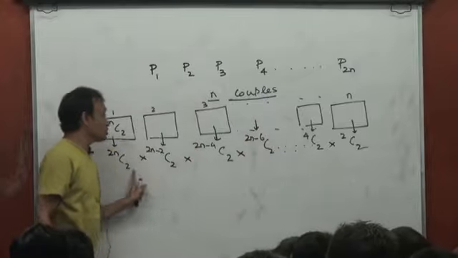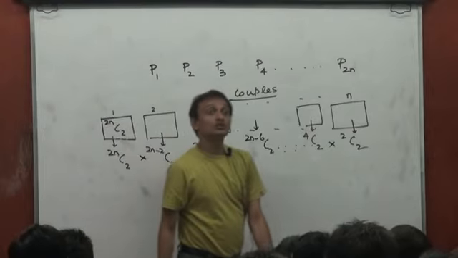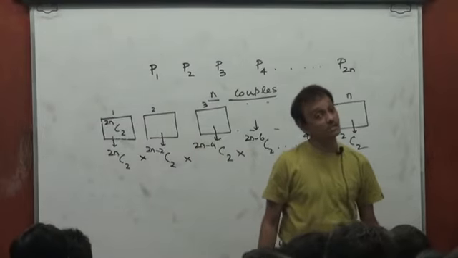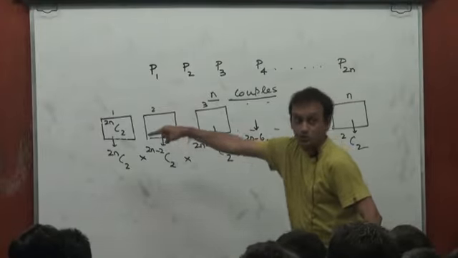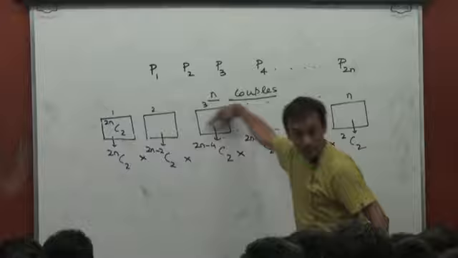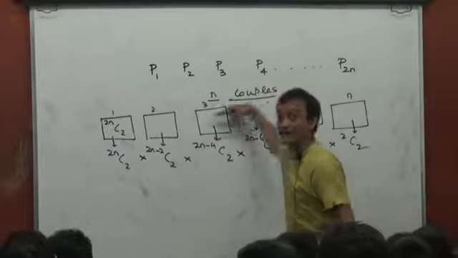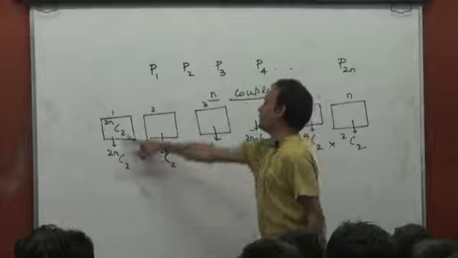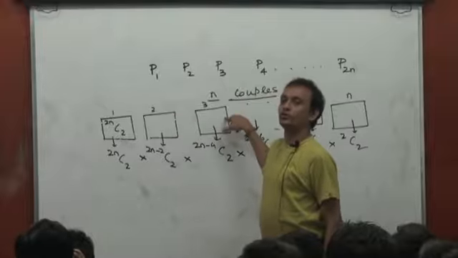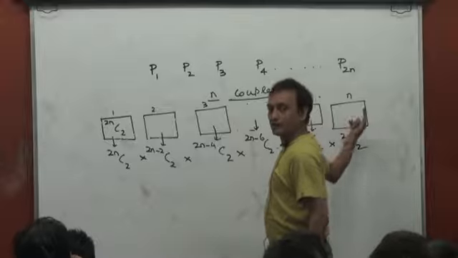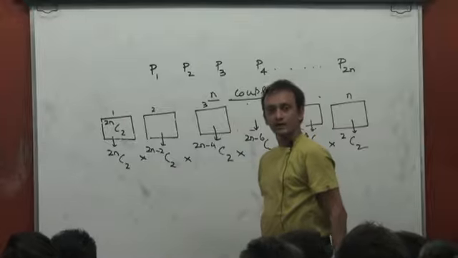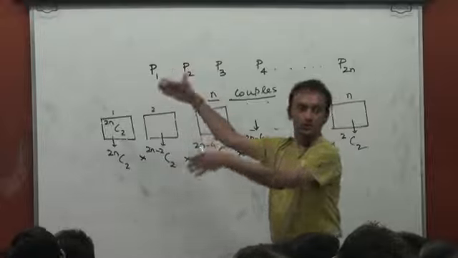So this into this into this is the number of ways in which n couples could be selected for a march past: 2 in row 1, 2 in row 2, 2 in row 3, 2 in row 4 and so forth. So a column is created of n rows.